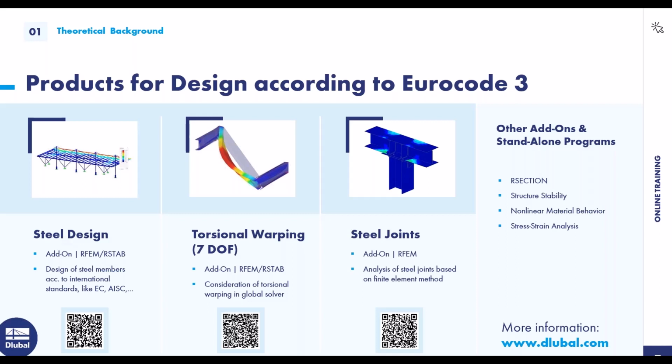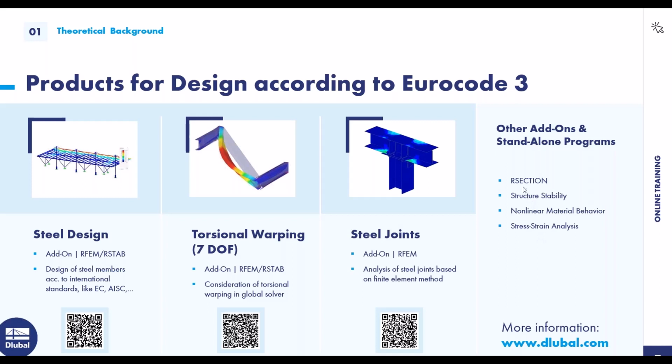We design according to Eurocode today. Then there's the add-on torsional warping, with which you can consider the 7th degree of freedom and the torsional warping. Then steel joints, with which you can analyze steel joints based on the finite element method.